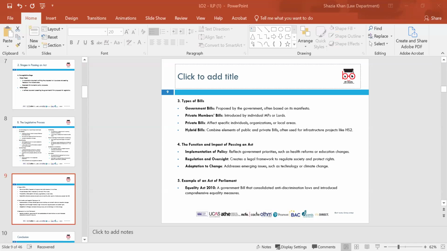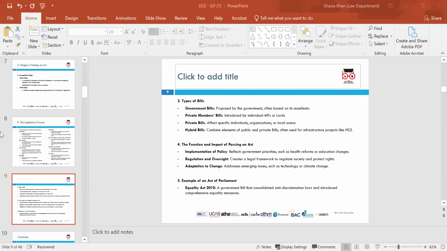They apply to everyone, and either the government or backbench MPs propose them. Most bills are public. And then you've got the hybrid bills, which combine elements of public and private bills and are used in very specific circumstances when a bill has both a broad public purpose and will affect people at a local level.